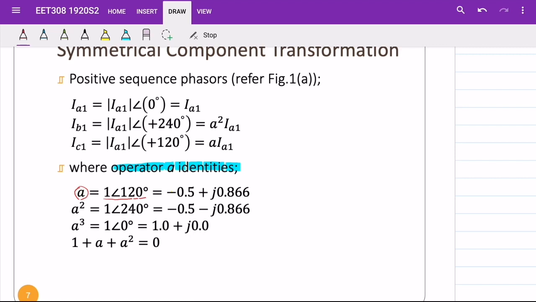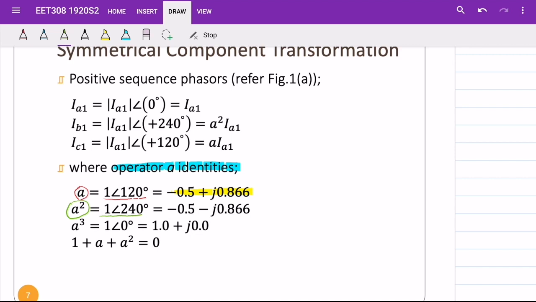This is the value of a in polar form. So we can write the value of a in complex number as minus 0.5 plus j0.866. a to the power of 2 is equal to magnitude 1 with 240 degrees.